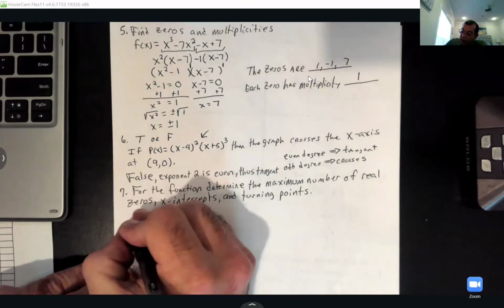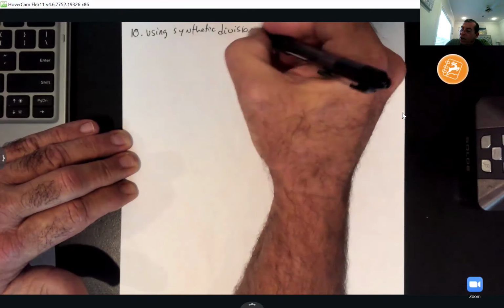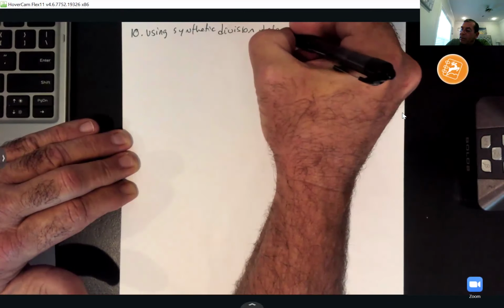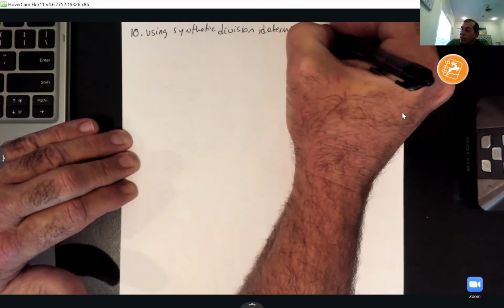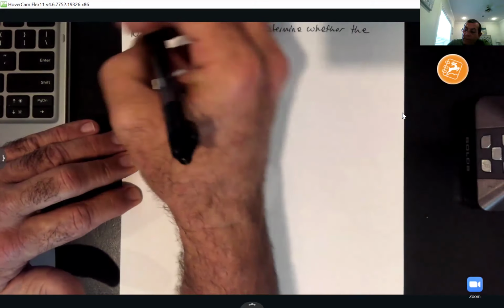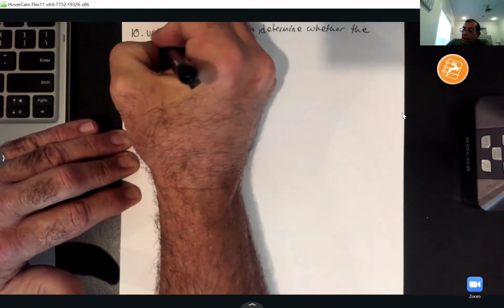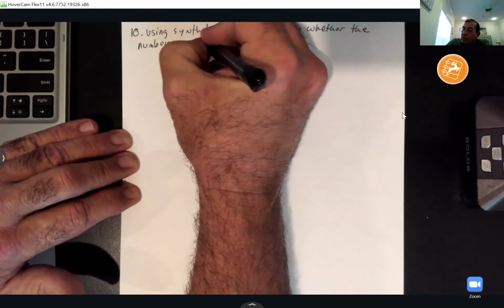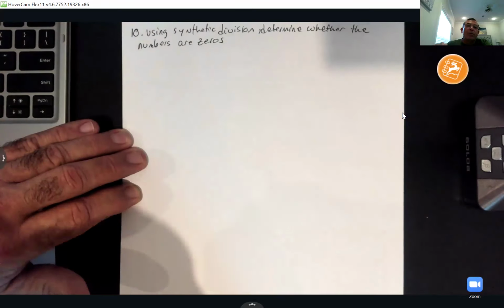All right, y'all, number 10, check this one out. Let me see if y'all remember this stuff. This one says, using synthetic division, determine whether the numbers are zeros. Okay, so they want to know if these numbers are zeros.